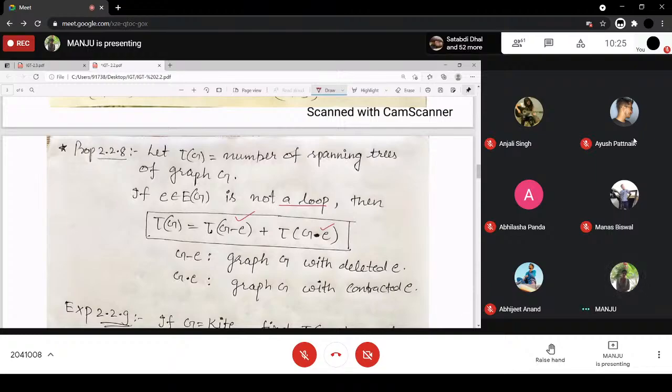Got it? Where G minus E is the graph with the deleted edge, and if we contract any edge, then it will be G dot E.